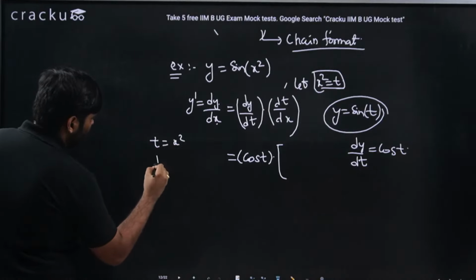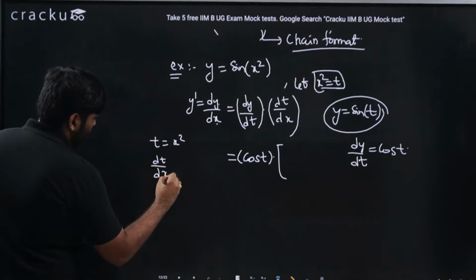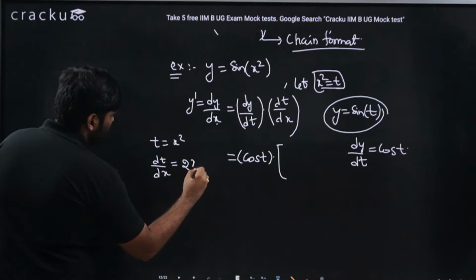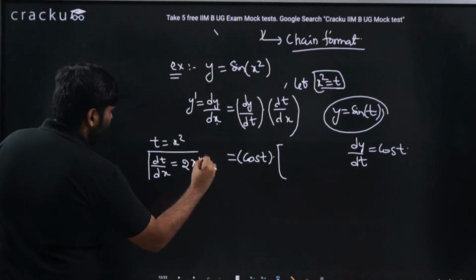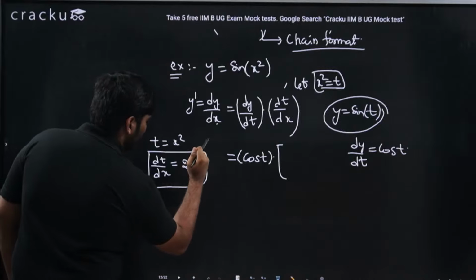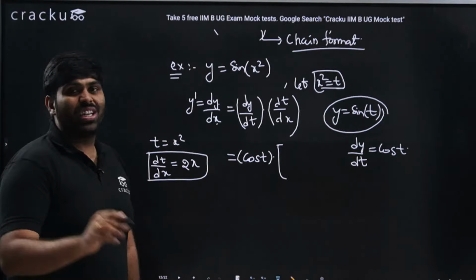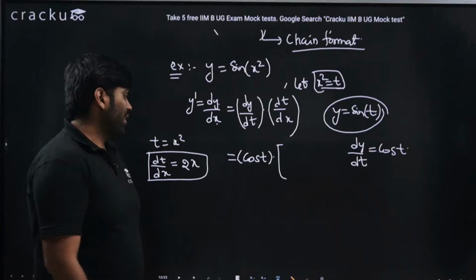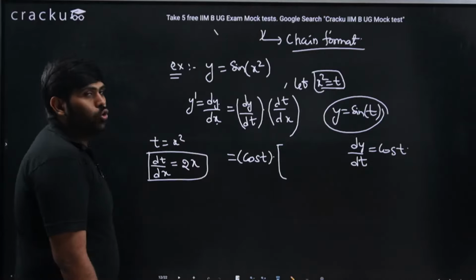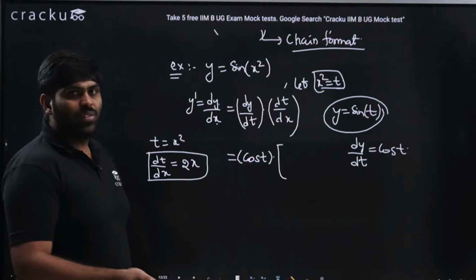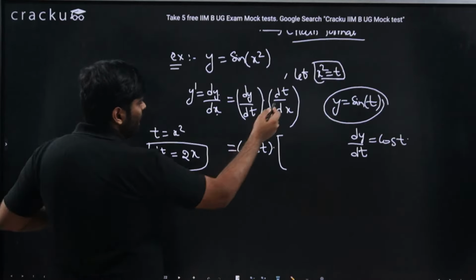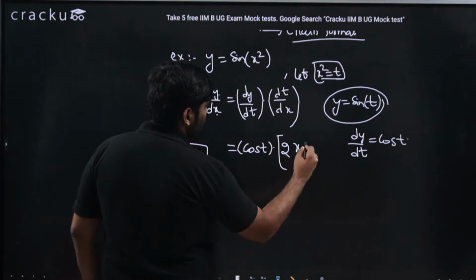So what would be dt by dx? We know that when it is x power n, the differentiation is n into x power n minus 1. So 2 into x power 2 minus 1, which is 2 into x power 1, which is 2x. So dt by dx is nothing but 2x.